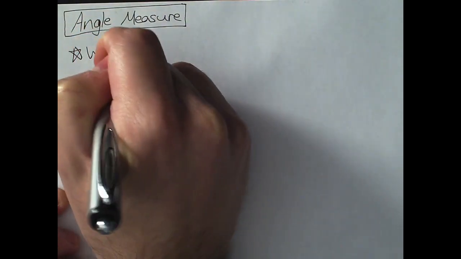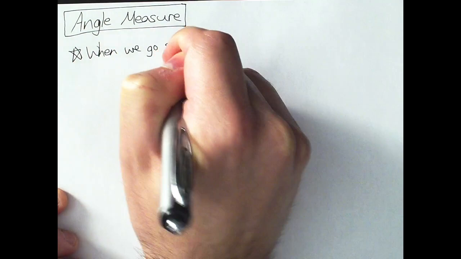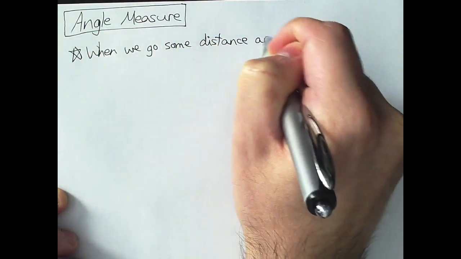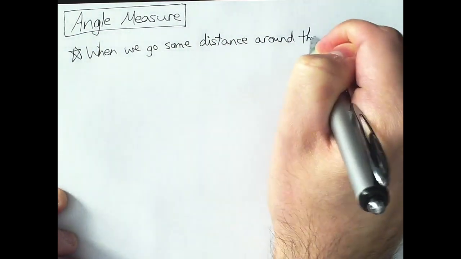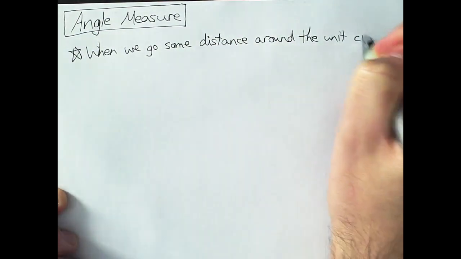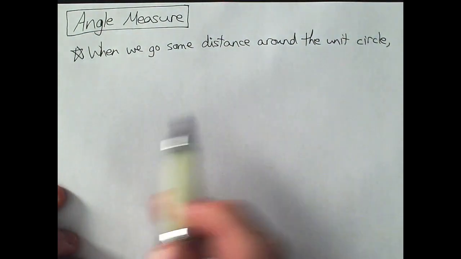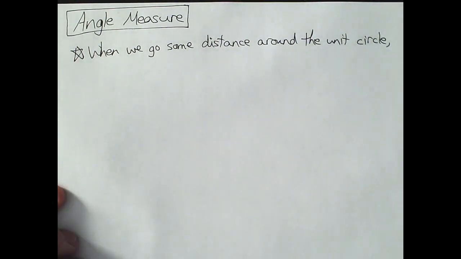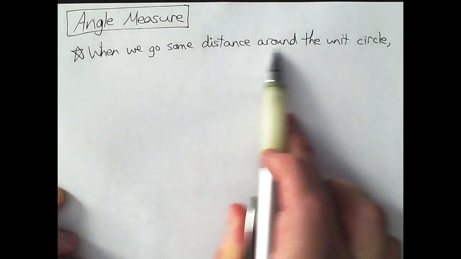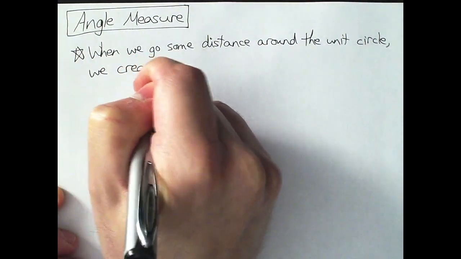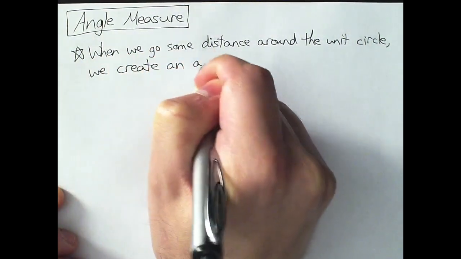So I'm going to start by saying that when we go some distance around the unit circle, as we've been doing in the previous lessons, we have our unit circle and we typically go counterclockwise some distance and wind up at a terminal point. And when we do that, when we go some distance around the unit circle, we create an angle.